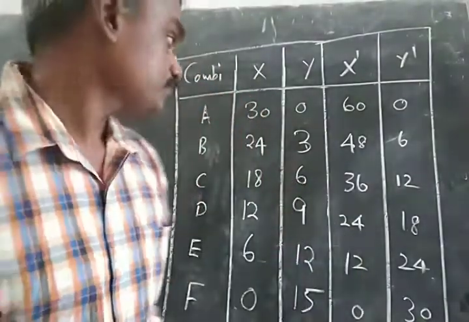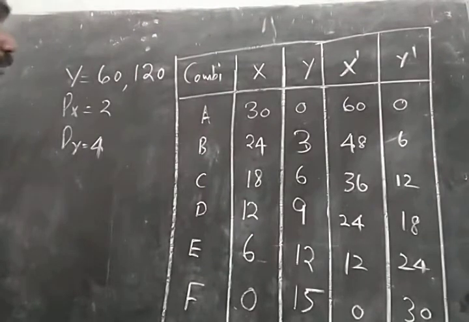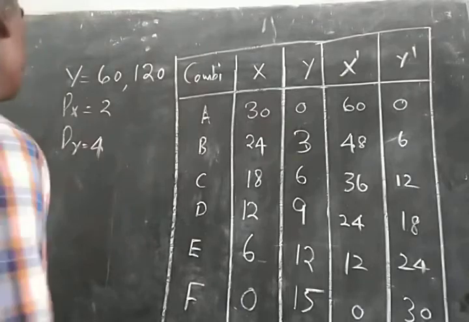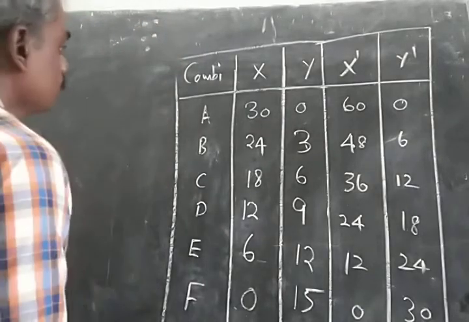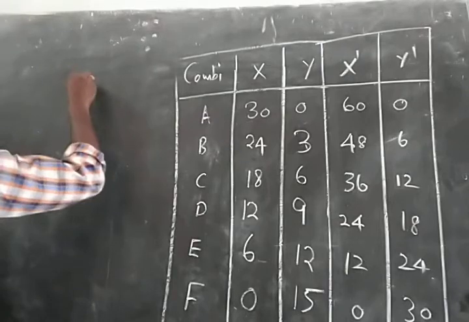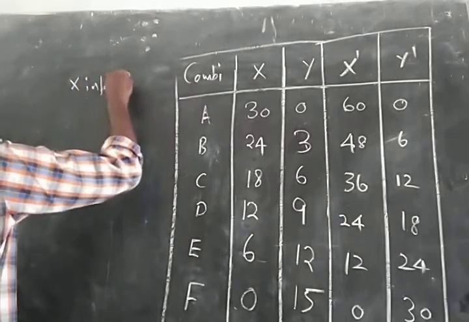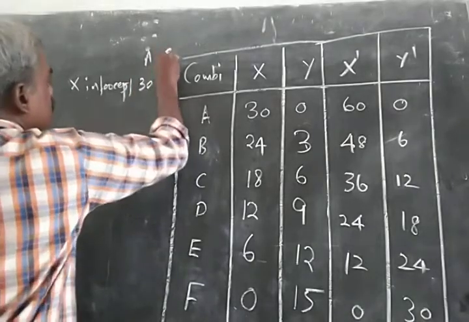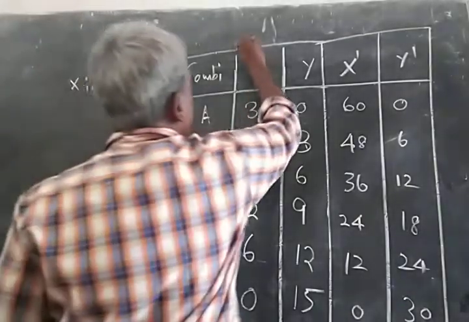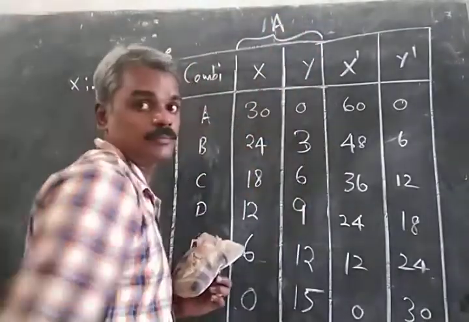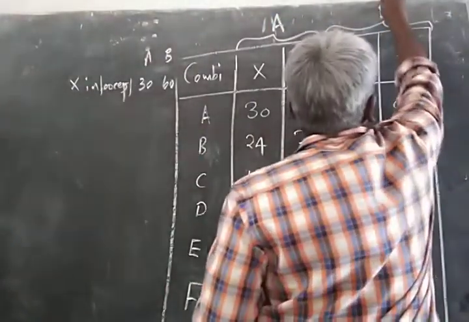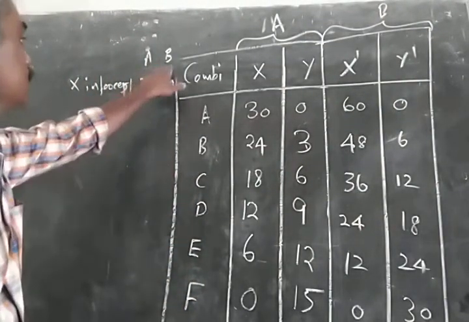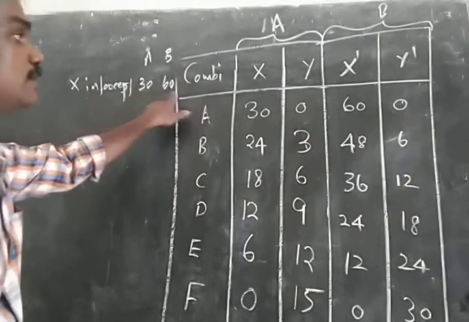Okay, so now let's analyze this with a picture. Here we have the X intercept. This is case A, and this is case B. So in case A, the x-intercept is 30, and in case B, the x-intercept is 60.